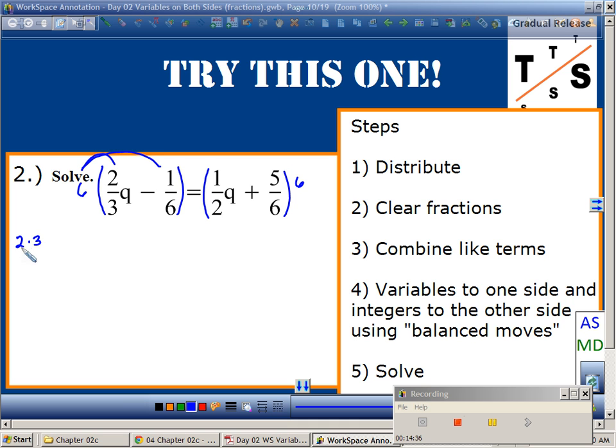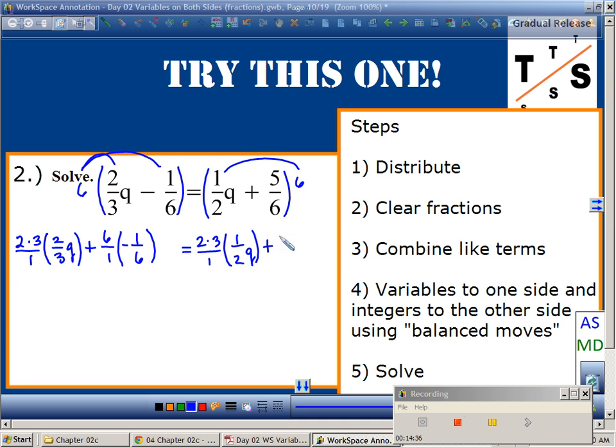So I'm going to write that 2 times 3 over 1 times 2/3 q plus 6 over 1 times negative 1/6 equals, let's see, let's break this 6 up. 2 times 3 over 1 times 1/2 q plus 6 over 1 times 5/6. Is that going to clear everything? Looks good to me too.